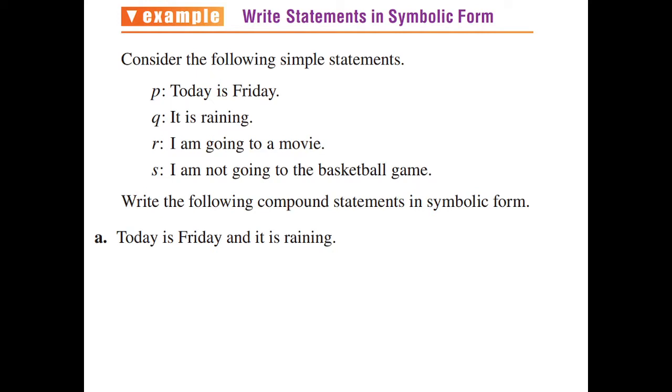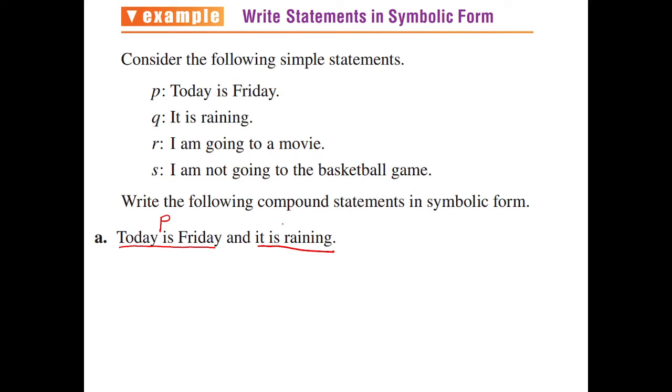Today is Friday and it is raining today. Now, what letter do we use for today is Friday? What letter does it represent over our given statement? P, sir. Okay, so this is now P. What about it is raining?